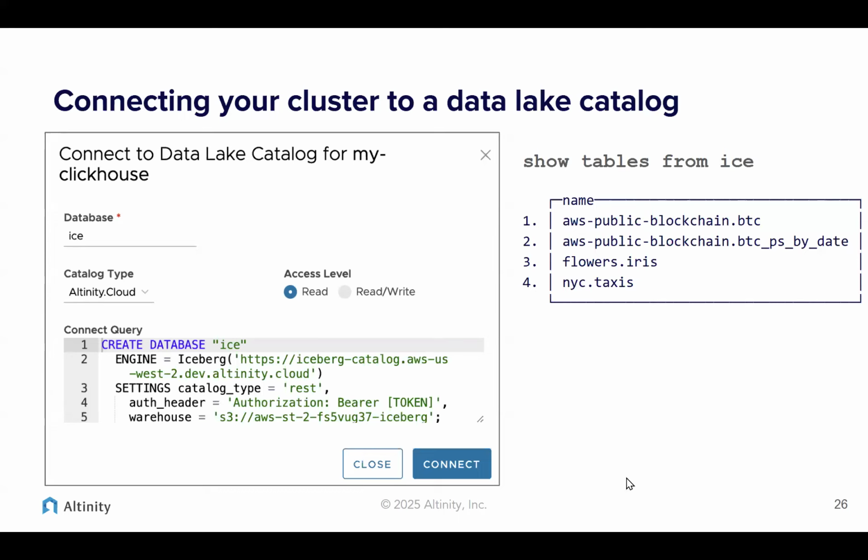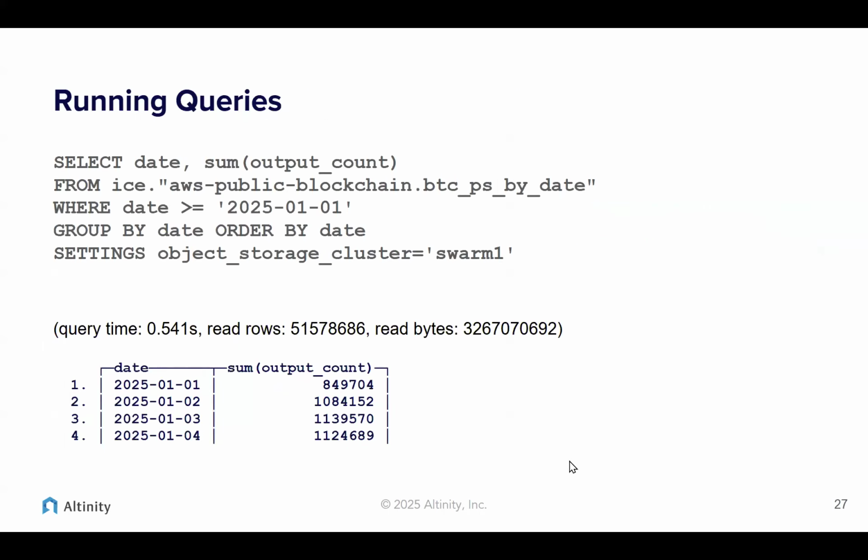Once you press connect, the database to reference this catalog is created in your ClickHouse database. And you can already run show tables and see that there are some tables in this test catalog. So let's go. This is it. Once you created the catalog, you can immediately run queries and run queries in a swarm mode.